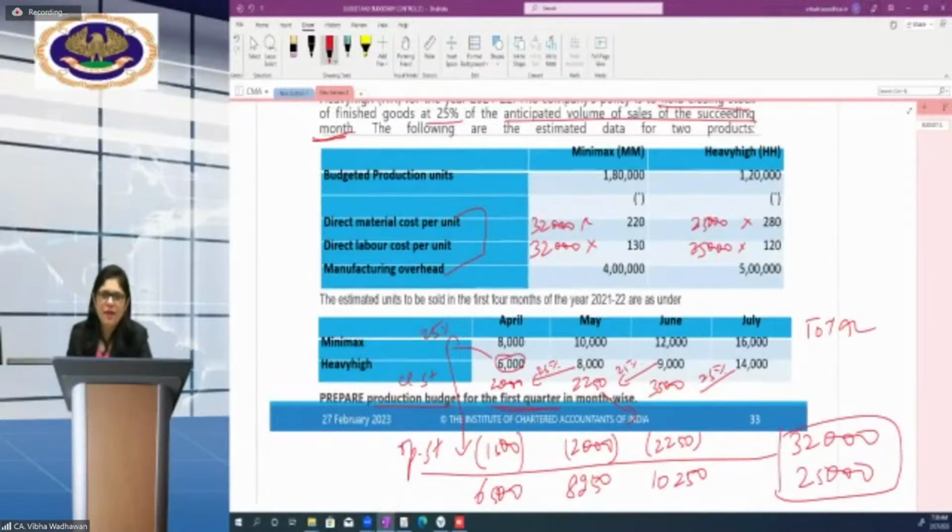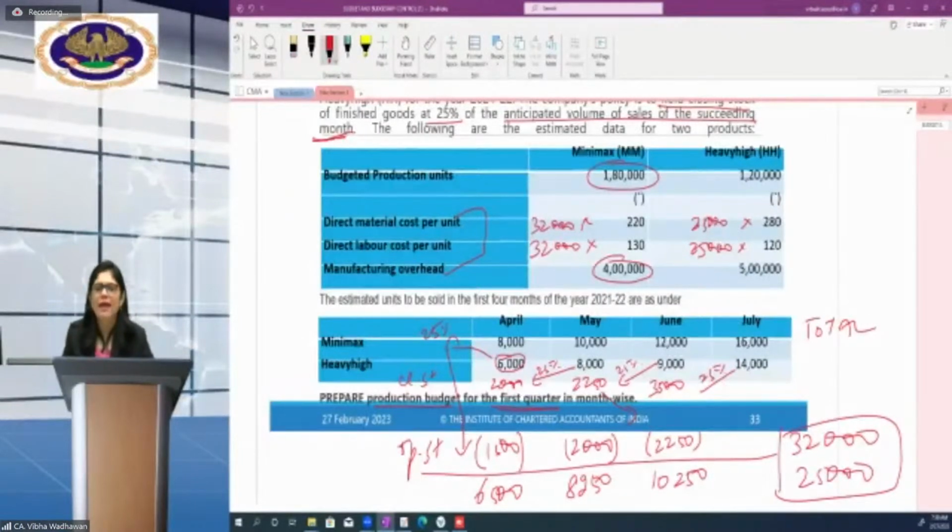Material and labor we have calculated. How to absorb the manufacturing overhead? Yes, we have to calculate the absorption rate. See, the manufacturing overheads are 4 lakh for the whole department, and budgeted production units are 1,80,000.